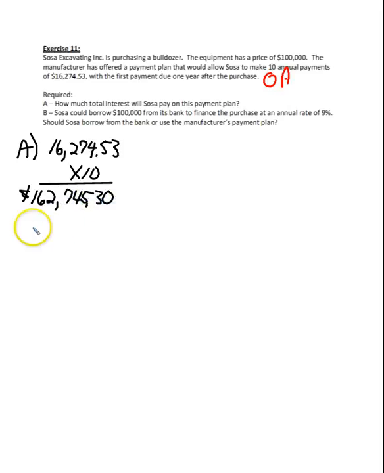Those are the total payments in the future. Now the present value is $100,000. Right? That's what SOSA gets today. SOSA gets the equipment with a value of $100,000 today, and in the future, those future payments are $162,745.